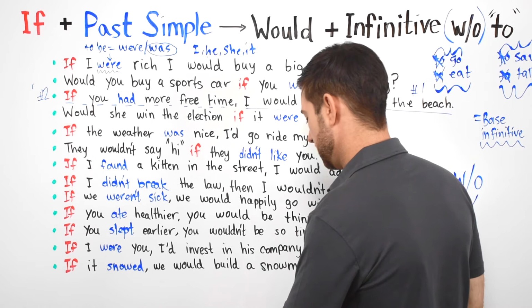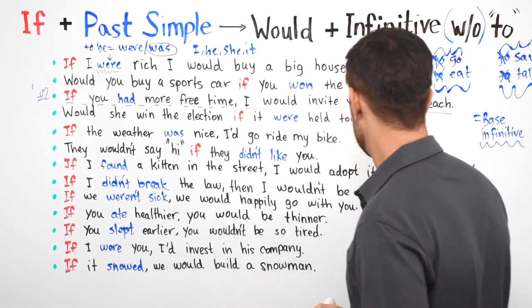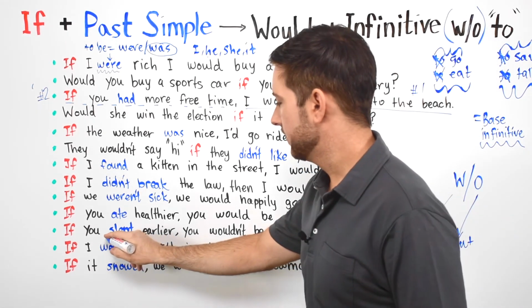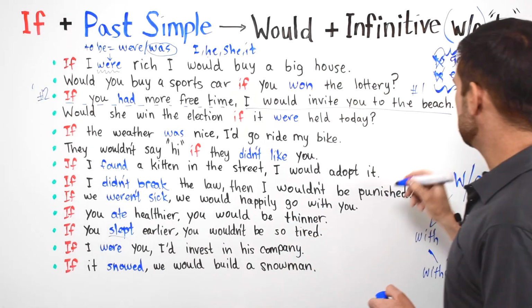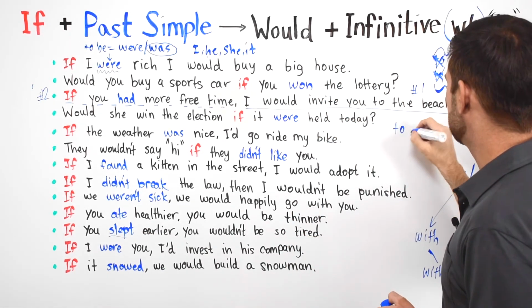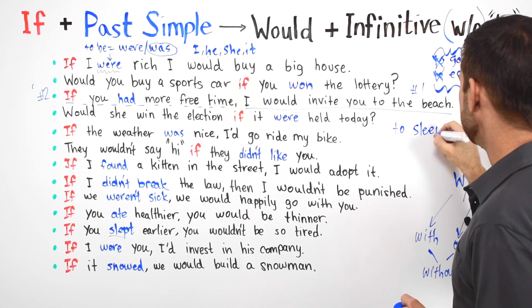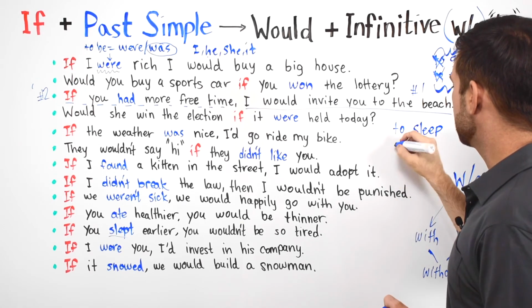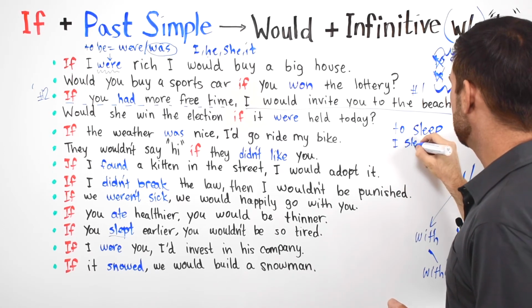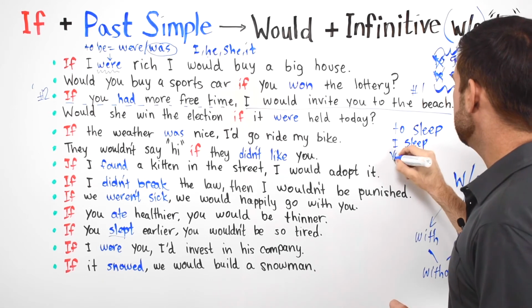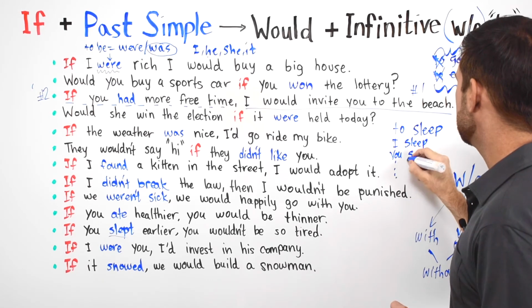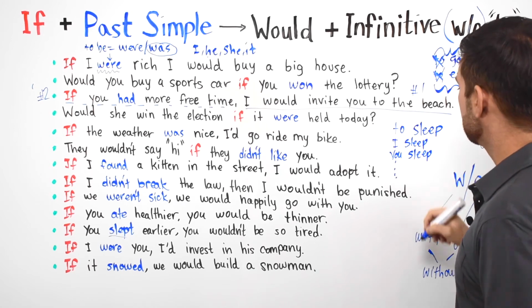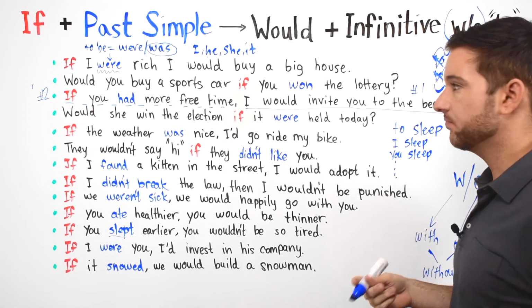Okay, sometimes I've noticed students, see that word slept right here? Sometimes I see students, for example, it comes from the verb to sleep. For example, in the present tense they say I sleep, you sleep, he, she sleeps. Okay, now remember how we make something in the past?